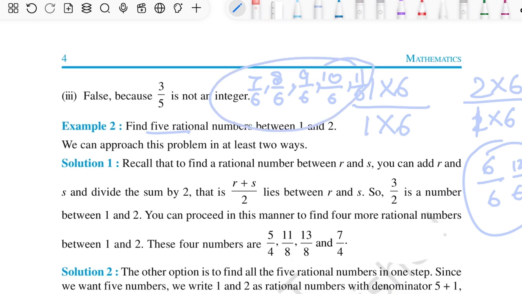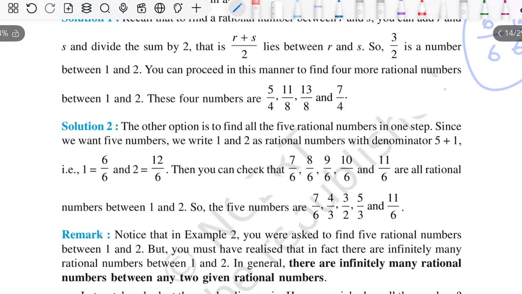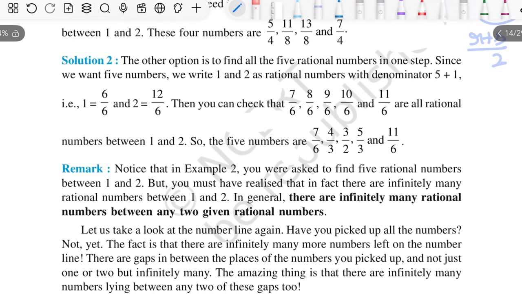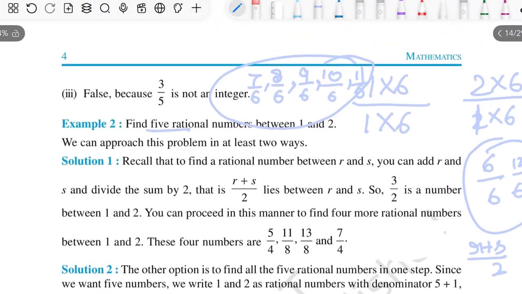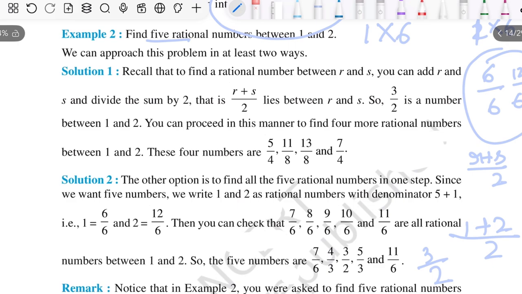And the second method is (r plus s) by 2. In this question r is 1, s is 2, so 3 by 2 is also a number between them. So you can also calculate or find 5 rational numbers between 1 and 2.